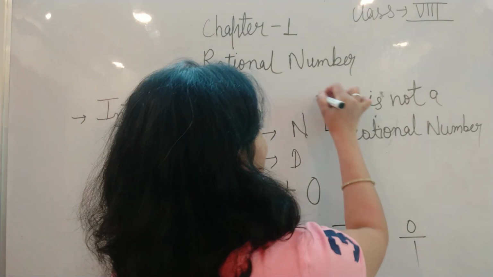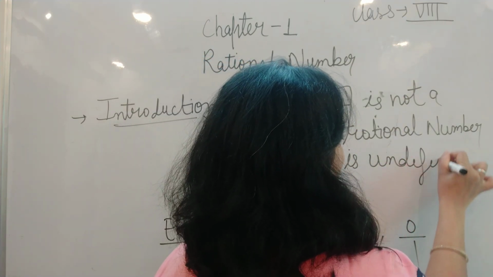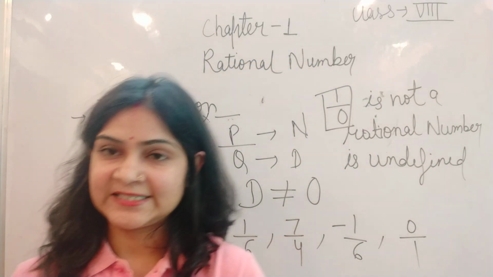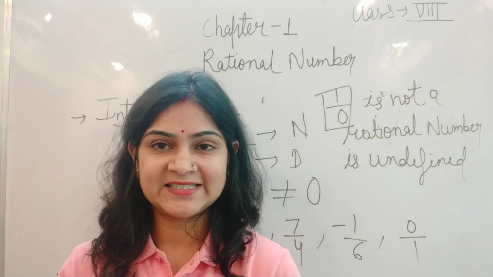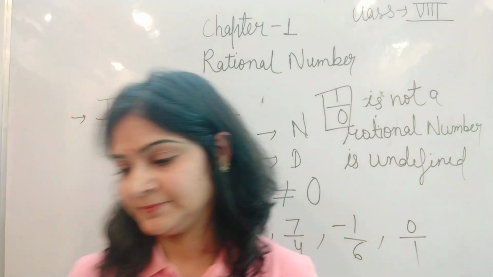The value of 1 by 0 is not defined. Now we will discuss the properties of rational numbers. In this video we will discuss the first property, the closure property.